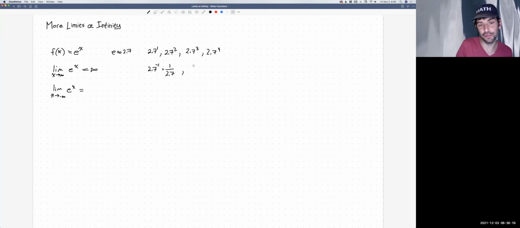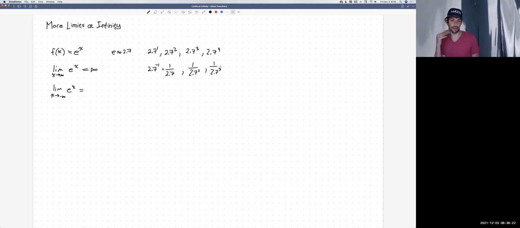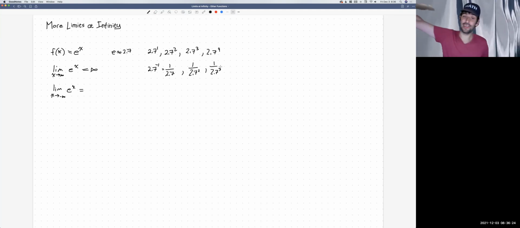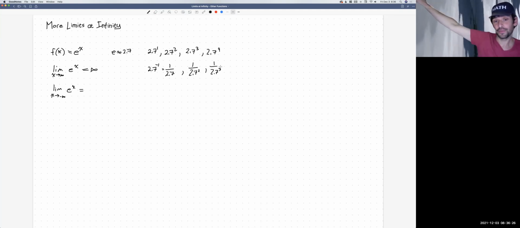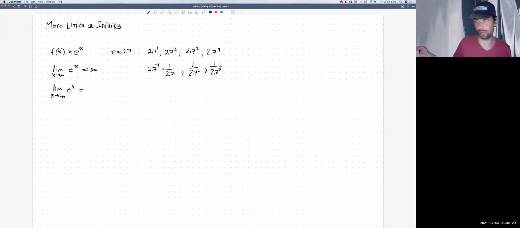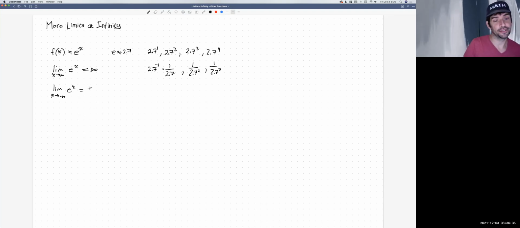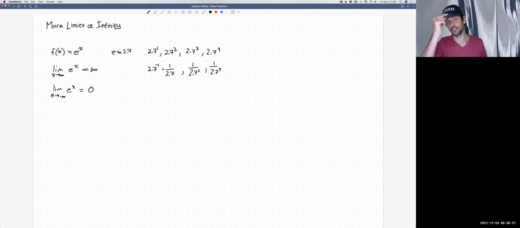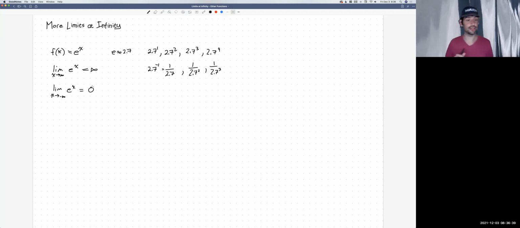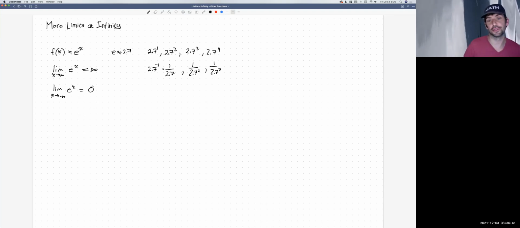To the negative 2, we'd have 1 over 2.7 squared, 1 over 2.7 cubed, and so on and so on and so on. So on the positive side, these numbers are getting huge, but now we're taking the reciprocals of them because we're going in the negative direction. Negative exponents give us the reciprocal. We get huge denominators, which makes our fractions look increasingly similar to 0, right? They're just getting smaller and smaller and smaller and smaller.